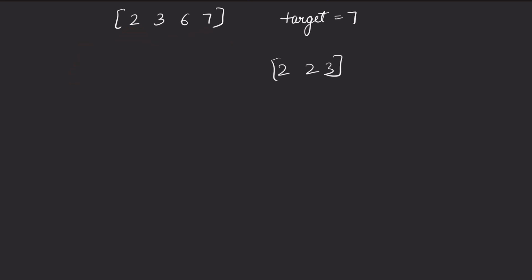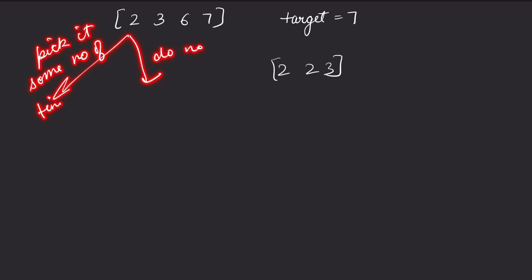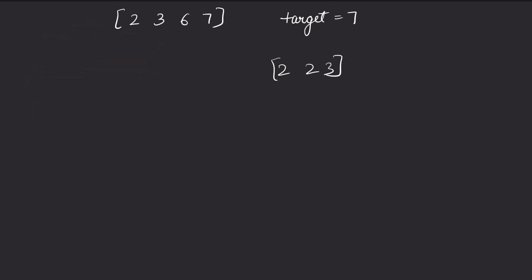Either 2 will be considered in our answer or it won't. Now in this question we can use a number an unlimited number of times. That means 2 can be used any number of times. In this answer we have used it 2 times. So for this 2, or for any element in this array, we will have two choices: either pick it some number of times, or do not pick it.